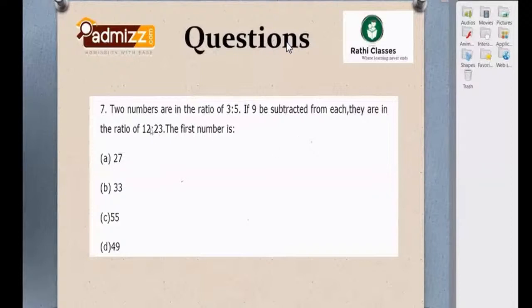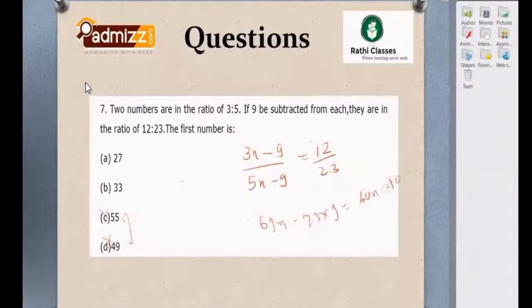Now, if 9 is subtracted from each, imagine the numbers are 3x and 5x. Then the ratio would be (3x minus 9) divided by (5x minus 9), equal to 12:23. 23 times 3x is 69x minus 23 into 9, equals 12 times 5x, which is 60x minus 108.